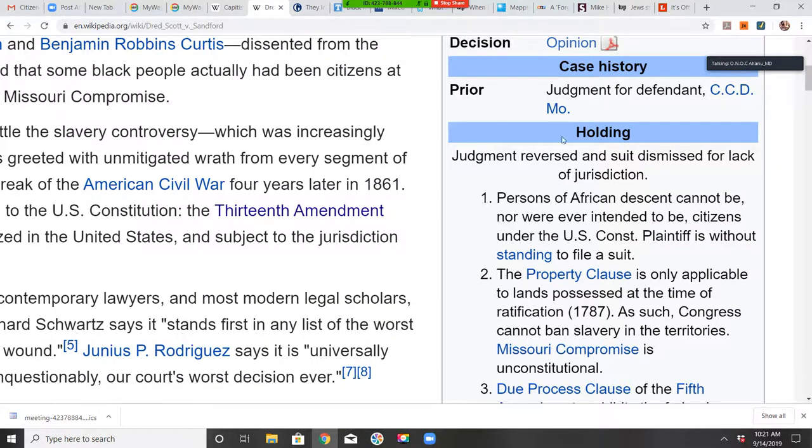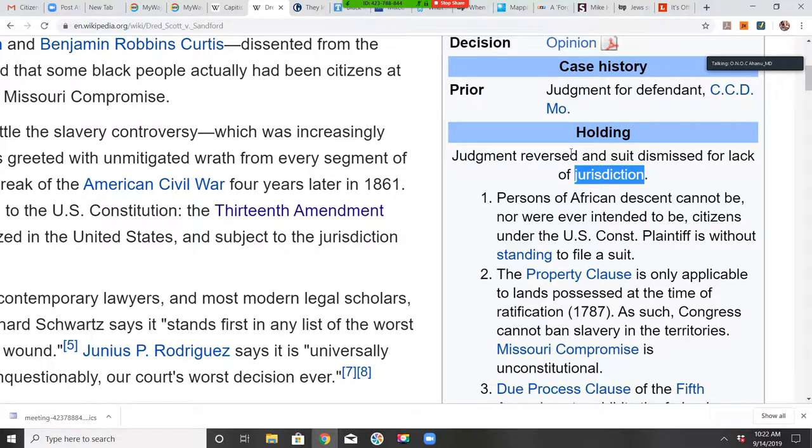Well, the first part of the holding says judgment is reversed and the suit dismissed for lack of jurisdiction, which means that the Supreme Court of the United States of America does not have the jurisdiction over persons of African descent, meaning that persons of African descent are not citizens under the Constitution of the United States, and persons of African descent do not fall within the jurisdiction of the Supreme Court.